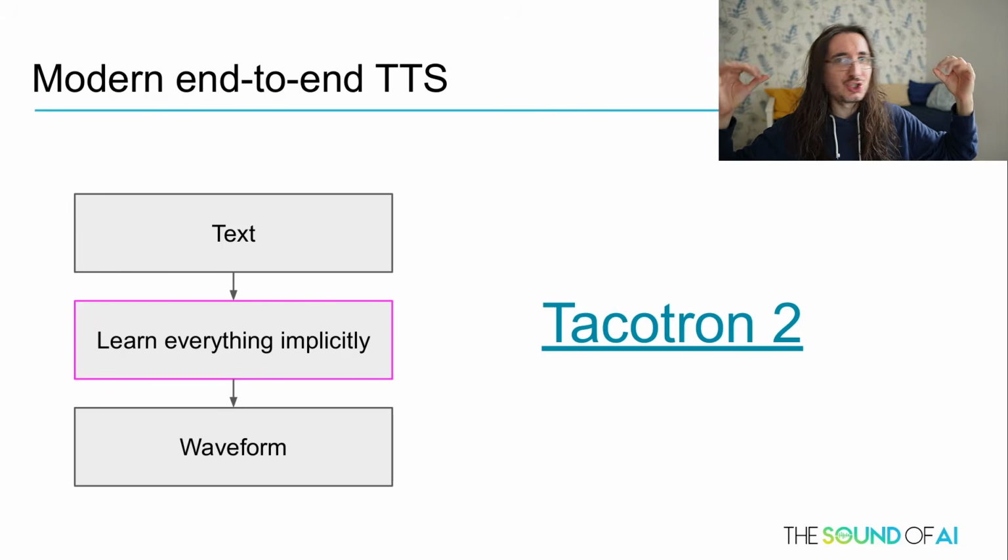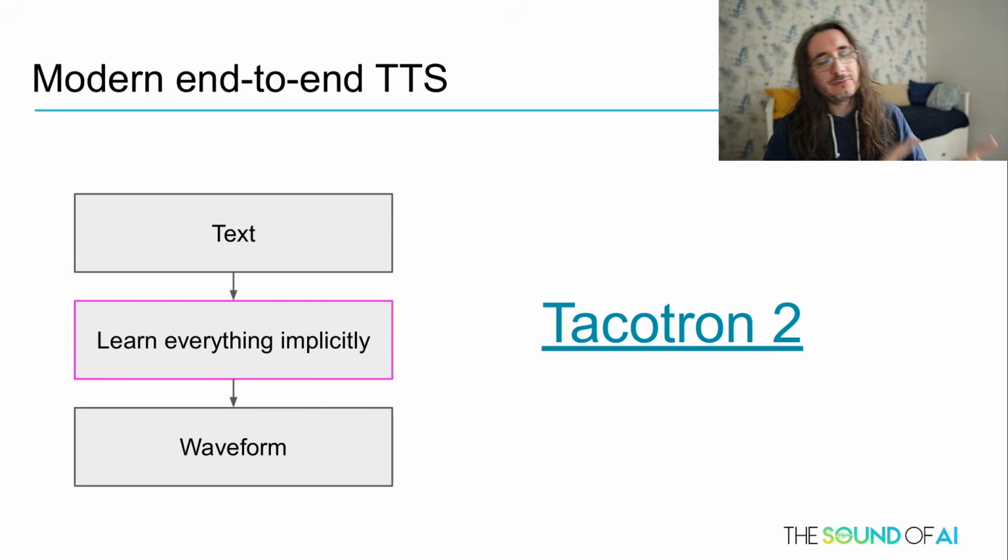So there's no G2P, because all the Grapheme-to-Phoneme transcriptions are learned internally by the model. So there are certain end-to-end text-to-speech models that do use this approach these days, but even today there are other models that just use the more traditional approach where you actually do the initial text processing.